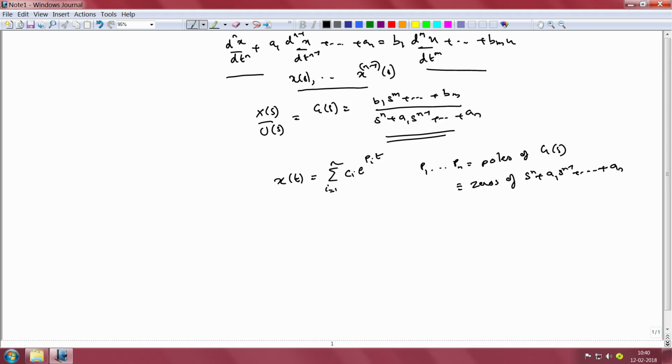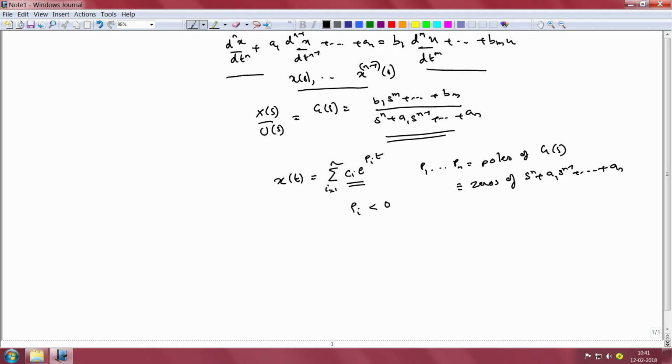Now, what we notice is that if our system is a stable system, in other words if all the poles pi are less than 0, they are on the left half of the complex plane, then what we would have on the right hand side of this expression are all decaying exponentials. Some decay faster than others, but they are all of the decaying kind.